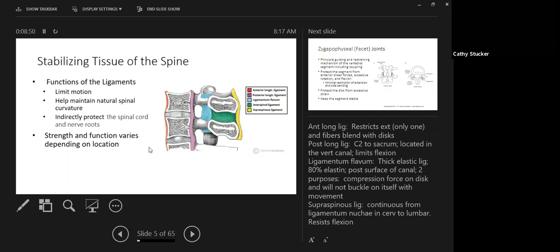So if you bend forward and the ligamentum flavum stretches, and then when you come back up to normal extension, if the ligamentum flavum doesn't return to normal, it's putting pressure on the spinal cord. So it has to be able to return to its normal position easily and quickly so that it doesn't put any pressure on the spinal cord itself.